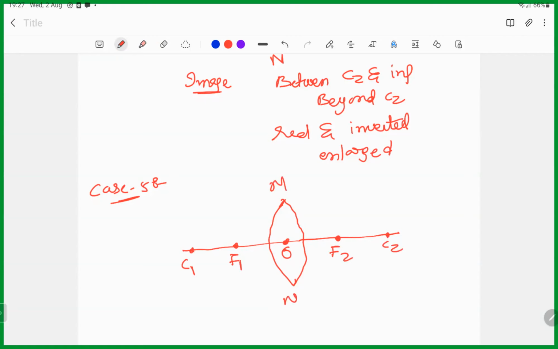First of all, you need to mark all the points. Then the object is exactly at F1 here. Now what are the two rays that you can draw? The center ray and again the same rays, right?